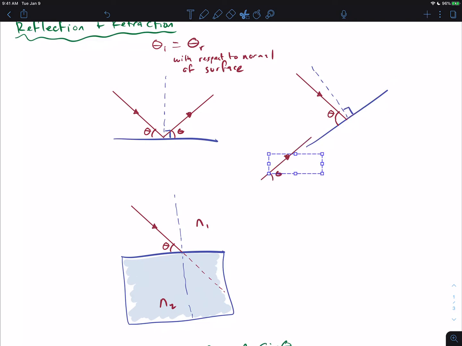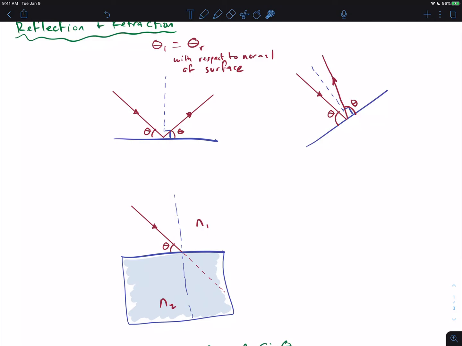So what actually happens here is that my wave now will look something like this. It is reflected at its angle, but with respect to the surface it is reflecting off of. This is the important thing to keep in mind, because if we turn our surface, our reflected angle and our incident angle will change.